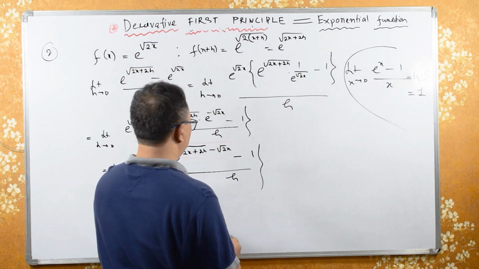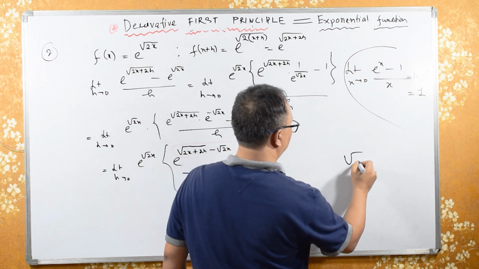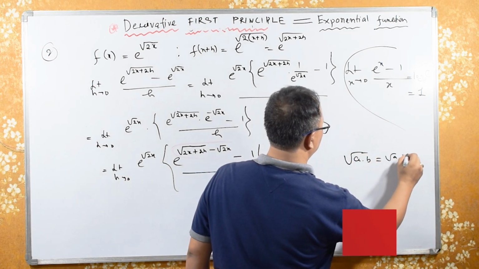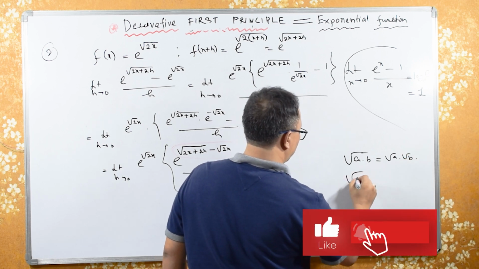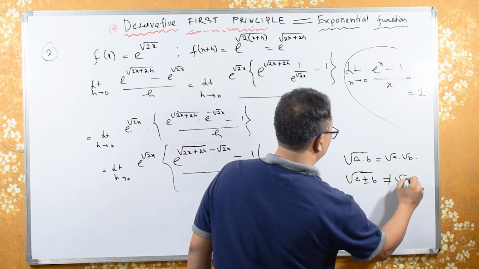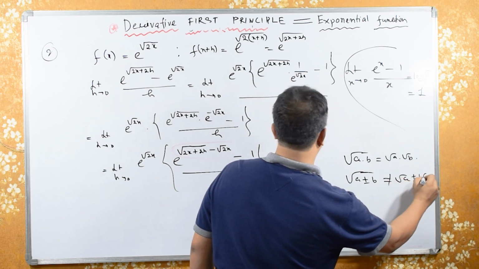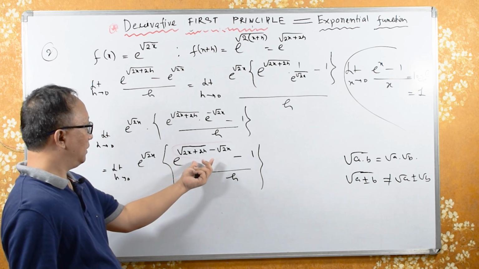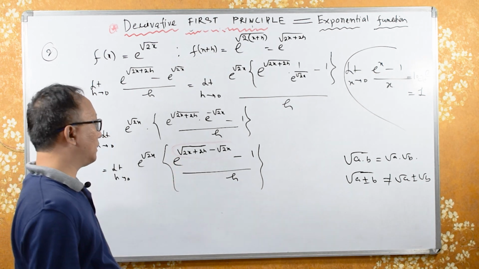Now square root of a into b is square root of a into square root of b, but square root of a plus or minus b is not the same as square root a plus or minus square root of b, okay. So we cannot break this also, okay.